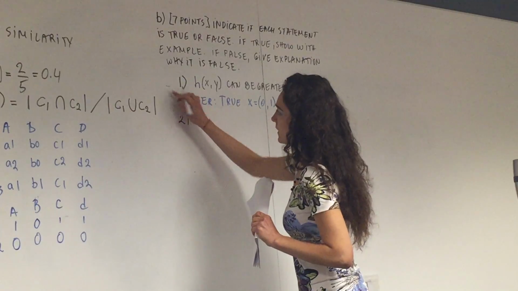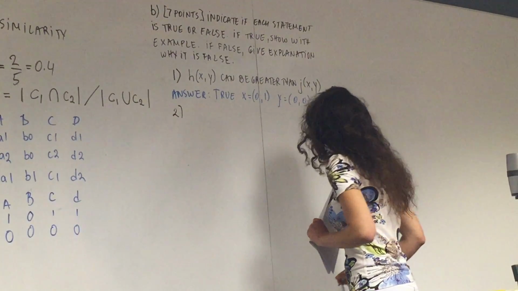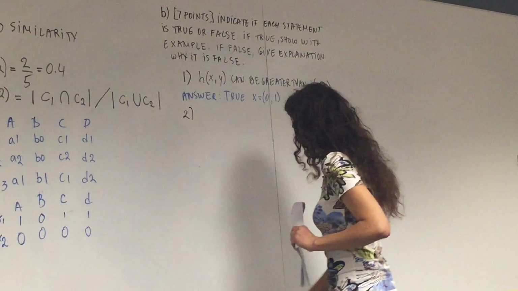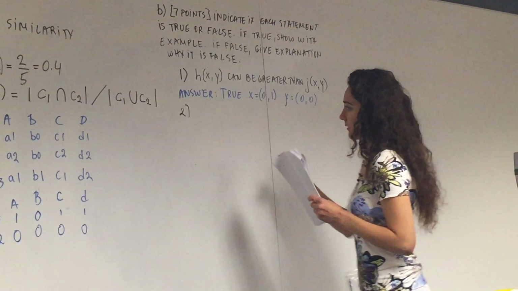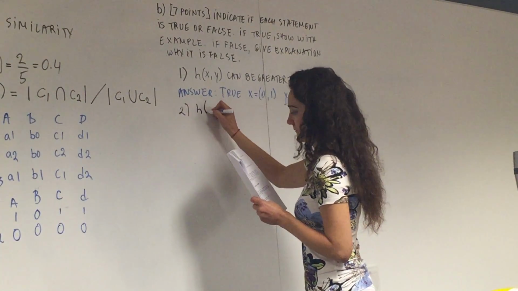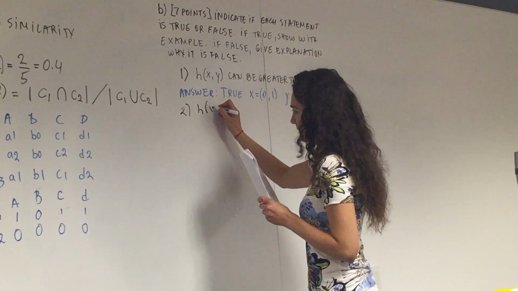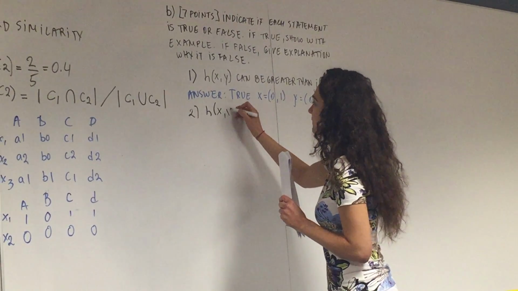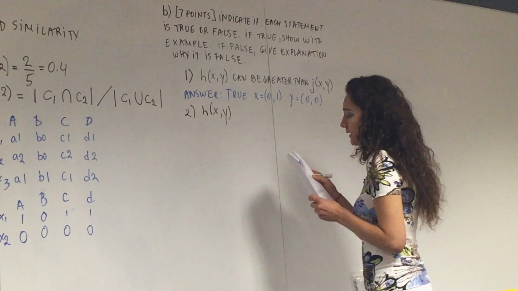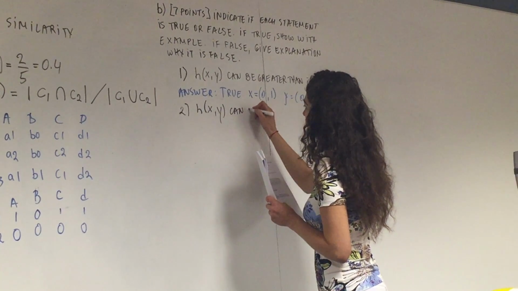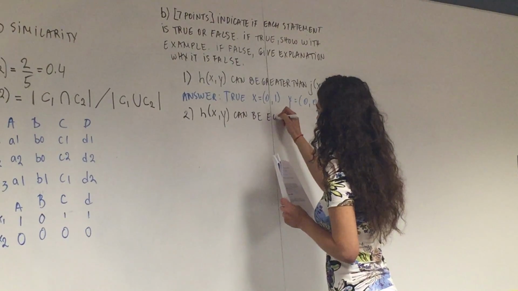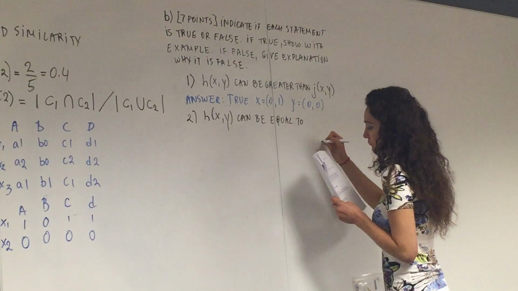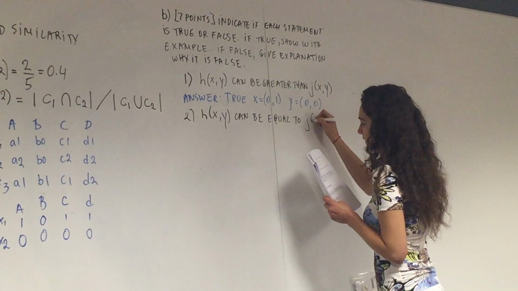Another true-false statement: the Hamming similarity can be equal to the Jaccard similarity.